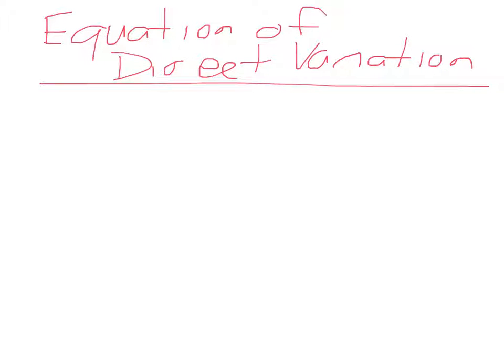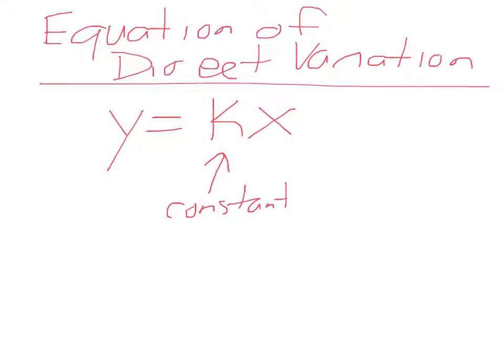When I'm looking at the equation of direct variation, the equation is y equals kx, where k is the constant of proportionality.